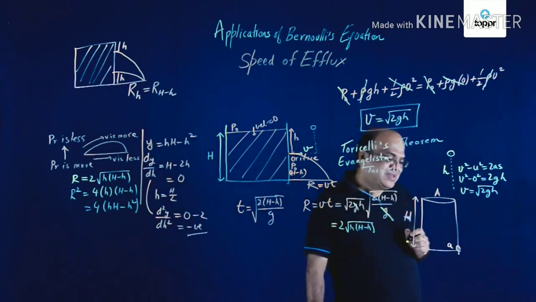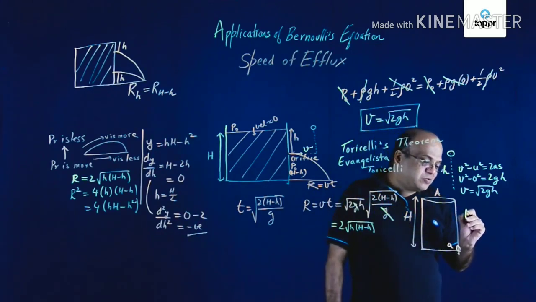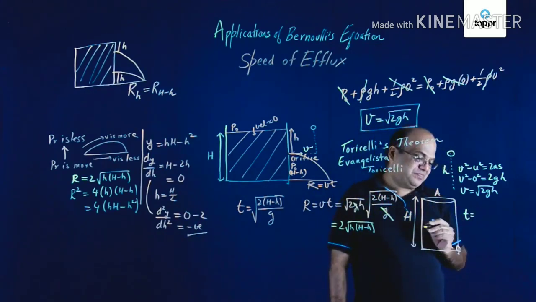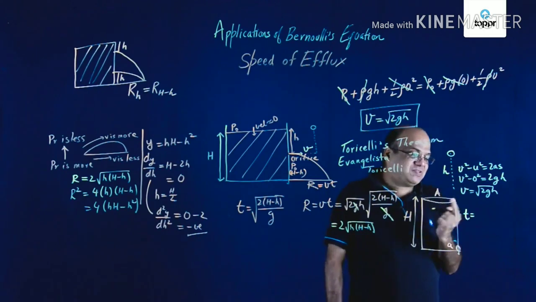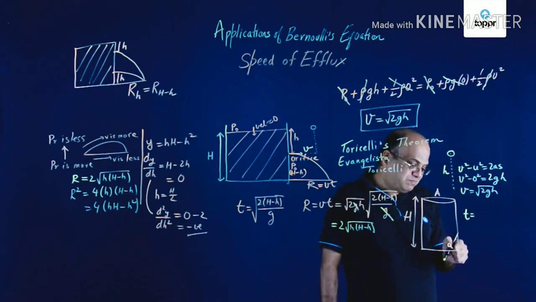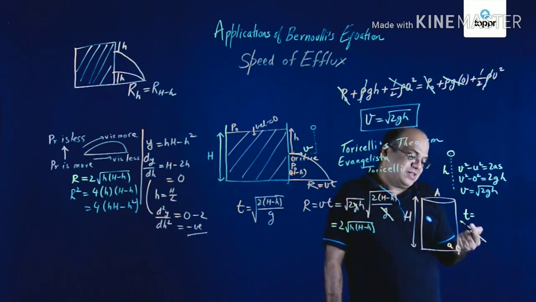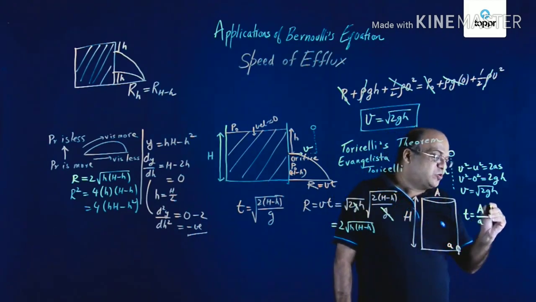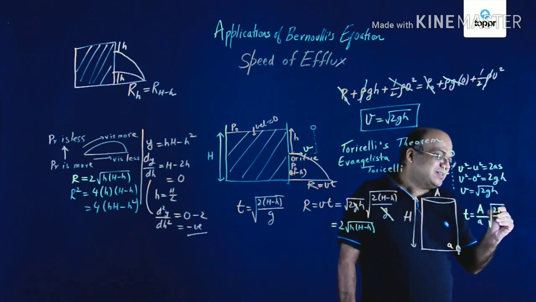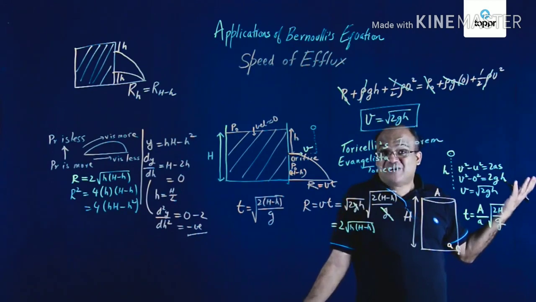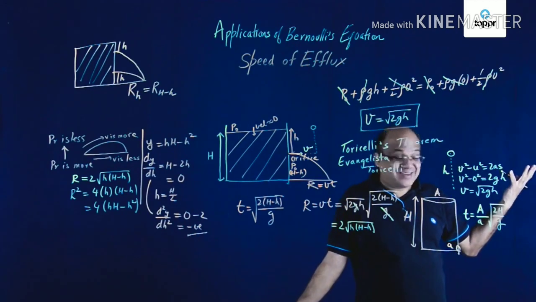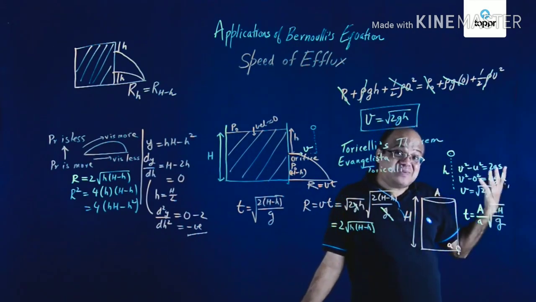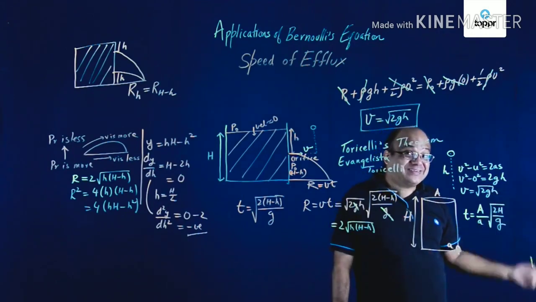If you do that, we find the time taken to empty the tank is given by A by a, because if this A is more, it will take more time to empty. If this orifice area is bigger, it will take less time. So we get A by a root over 2H by g. This formula you can just remember; this gives us the time taken to empty the tank.